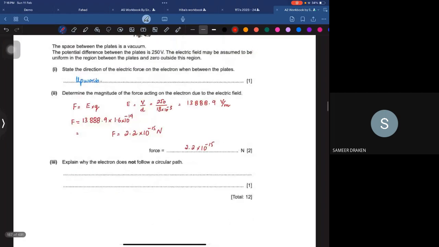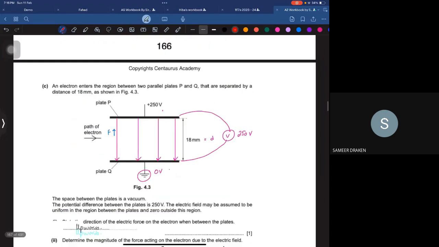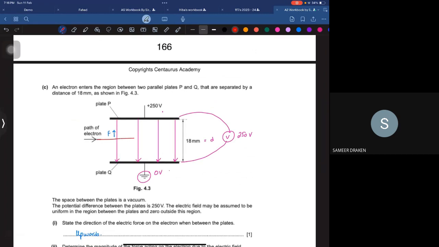Finally, they ask why the electron does not follow a circular path. It's pretty easy. If the electron is moving this way, it doesn't follow a circular path, although the force is up. The only possibility is that you're looking at it from the top.